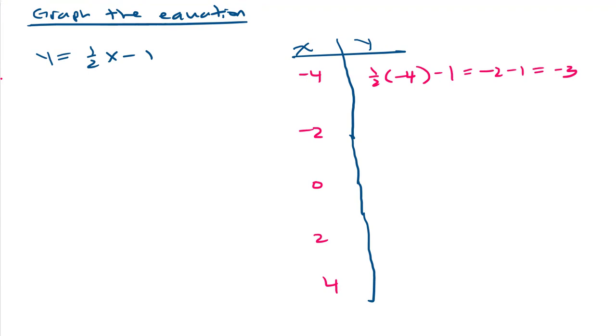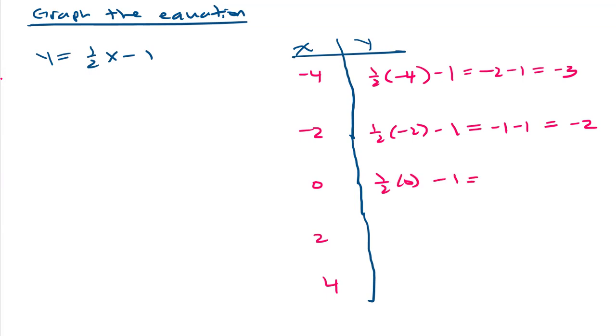Okay. Same thing for this one. I'll have 1/2 times -2, minus 1. So half of -2 is -1, and -1 minus 1 will give us -2. Okay. And then for 0, that's easy. 1/2 times 0 minus 1.